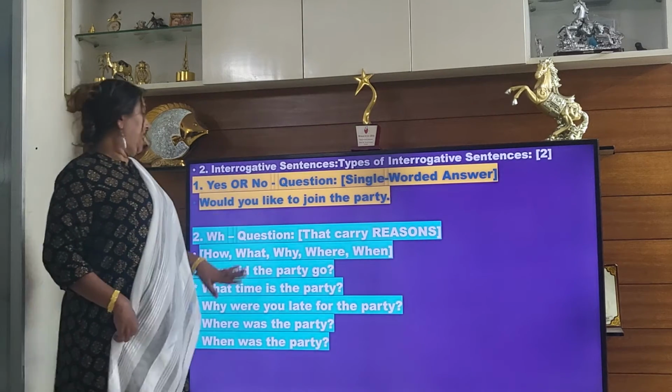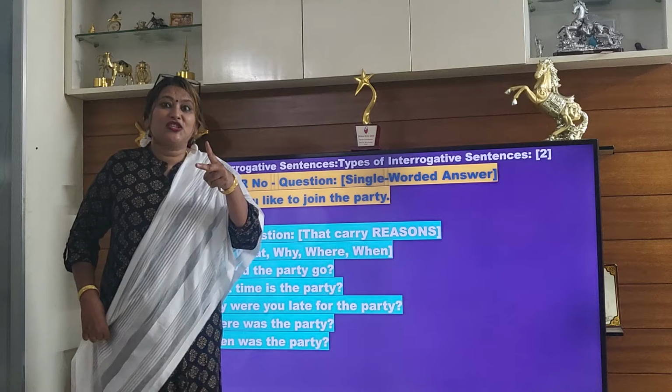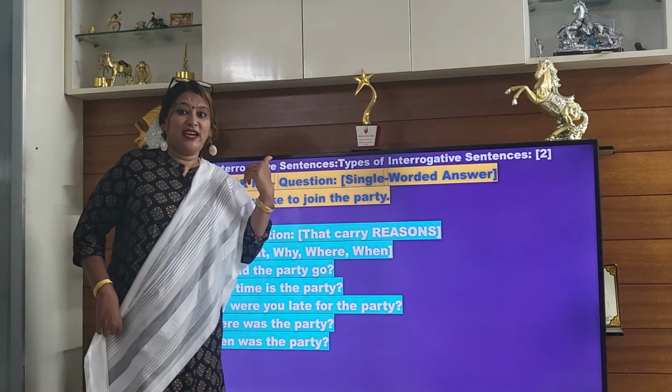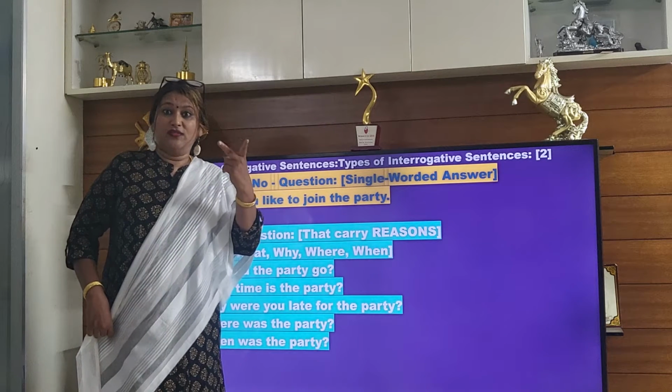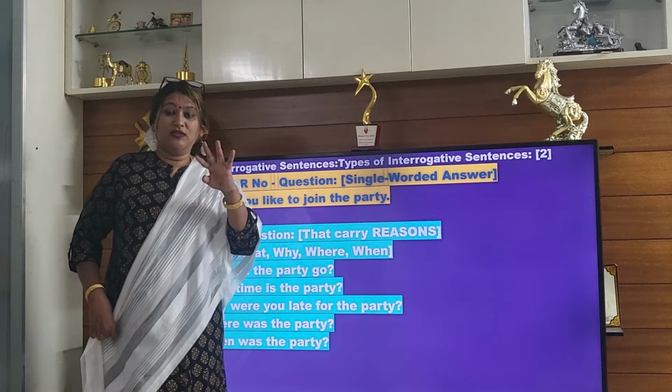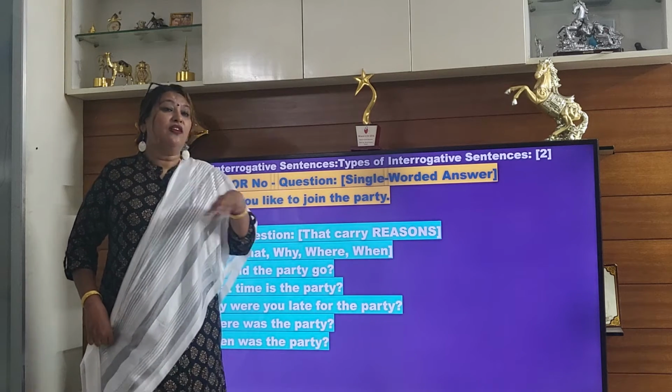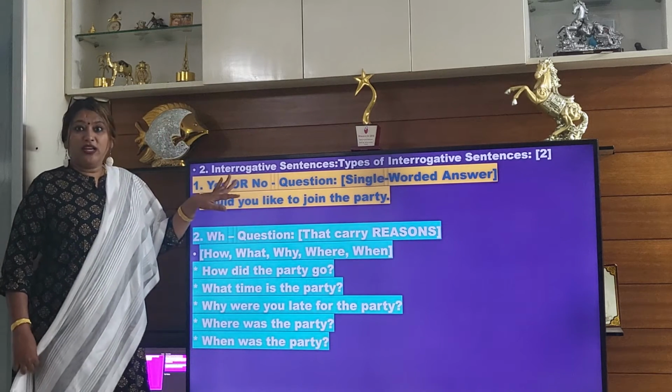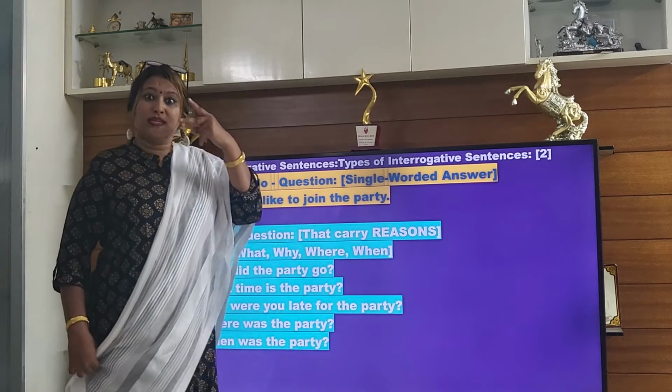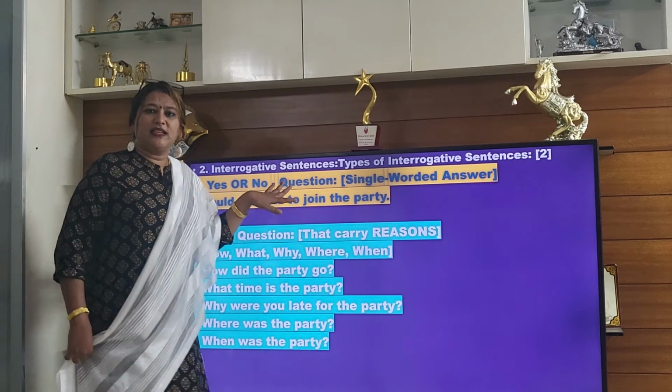Now, again in this, there are two categorizations, as we saw in the first kind, negative and positive, that is negative and affirmative. The same way, when it comes to interrogative, again two categories.